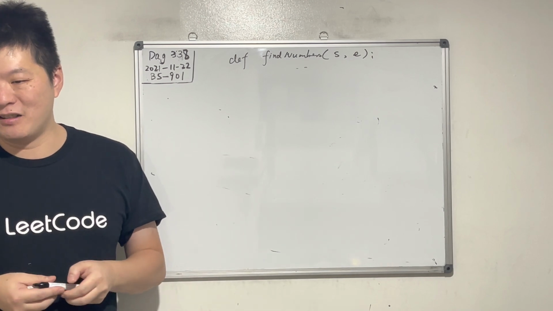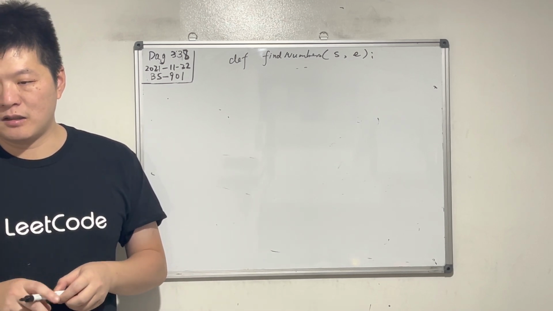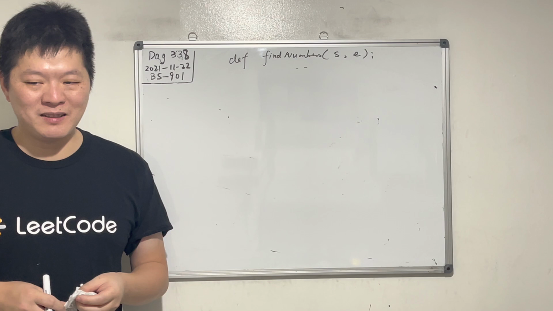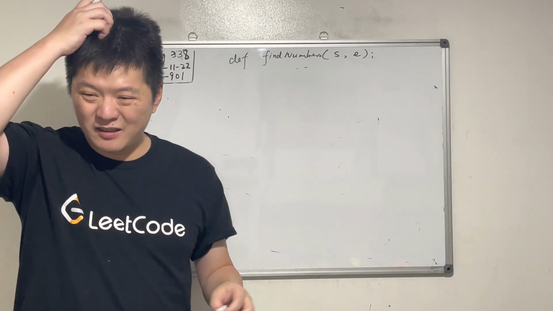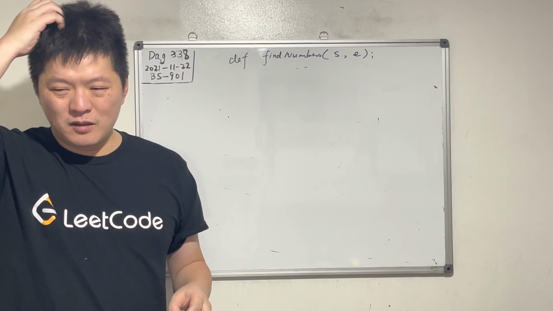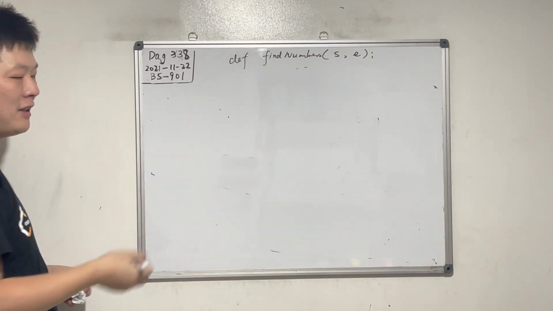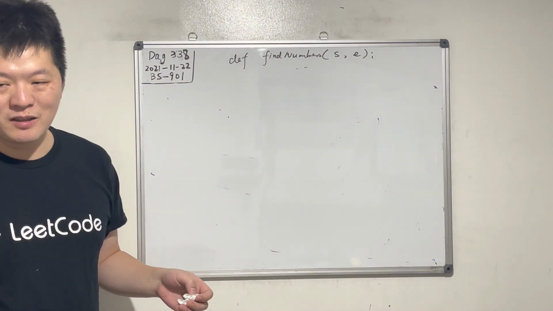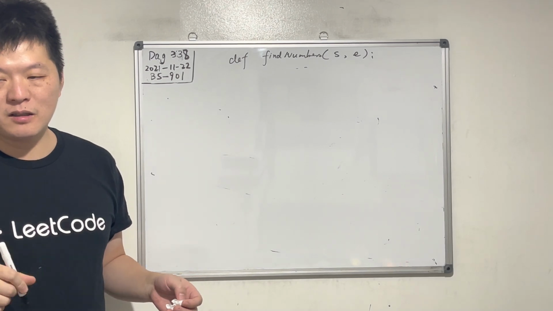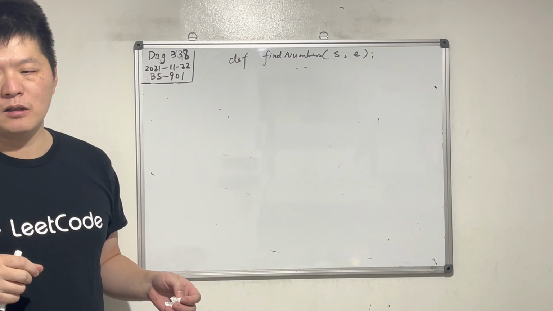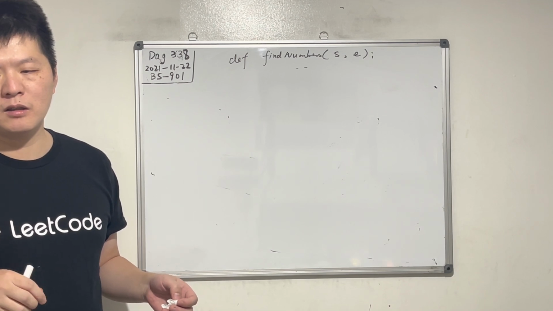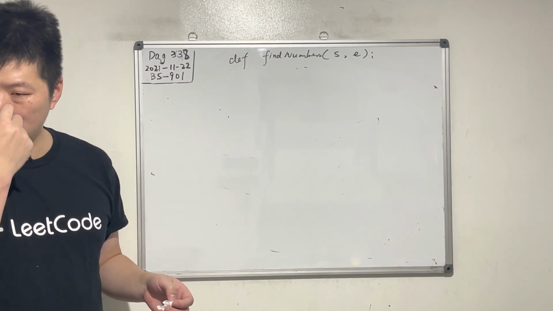We can find it out. Limited. Why is that limited? I think because there are not really a lot of numbers.